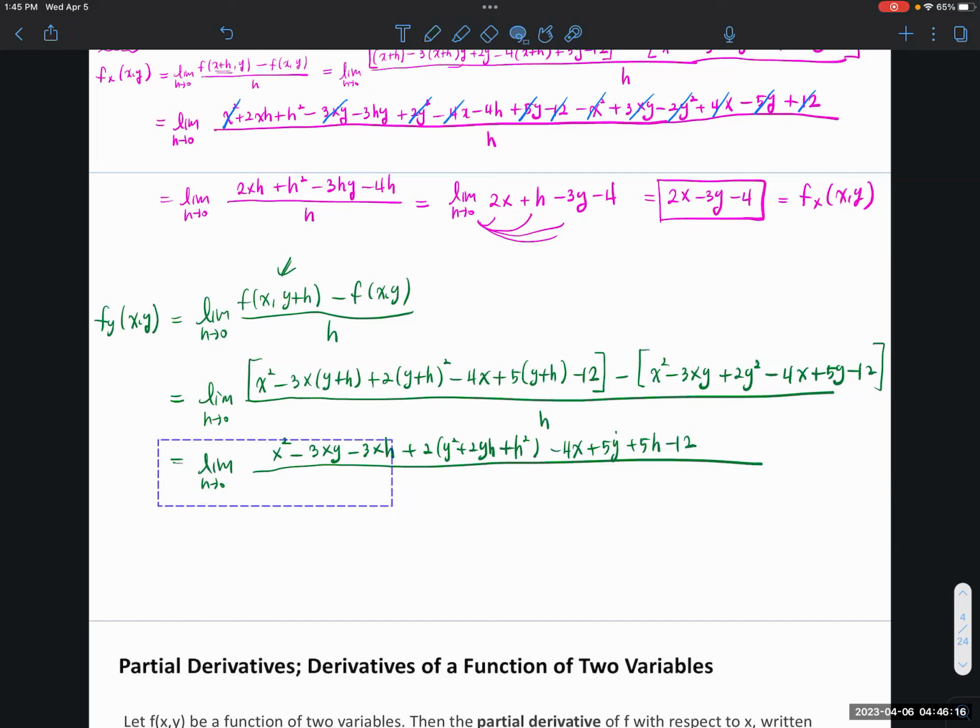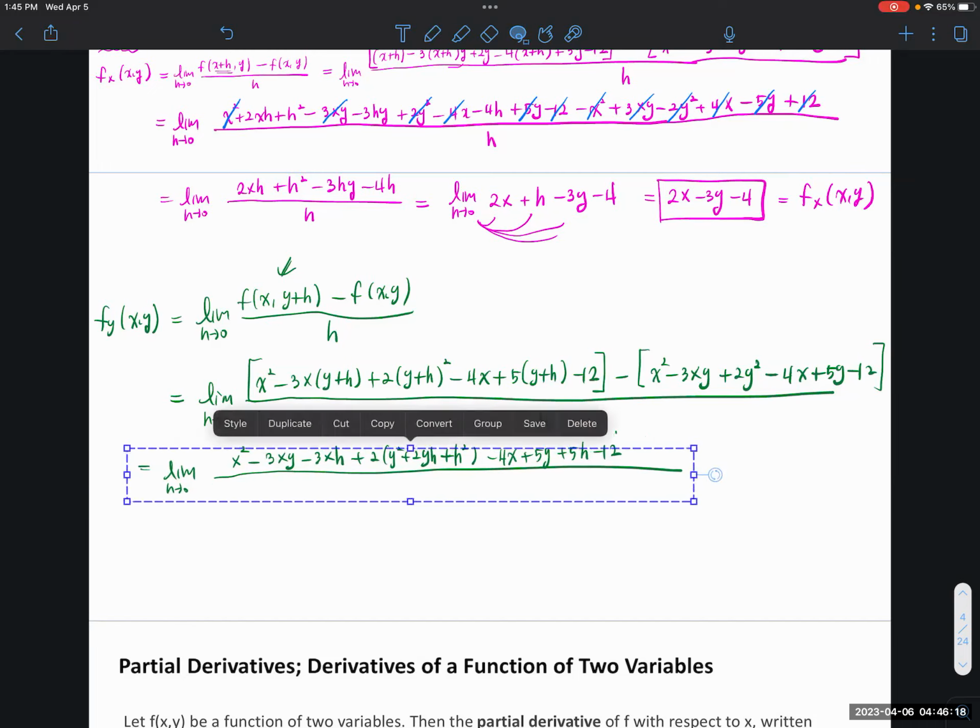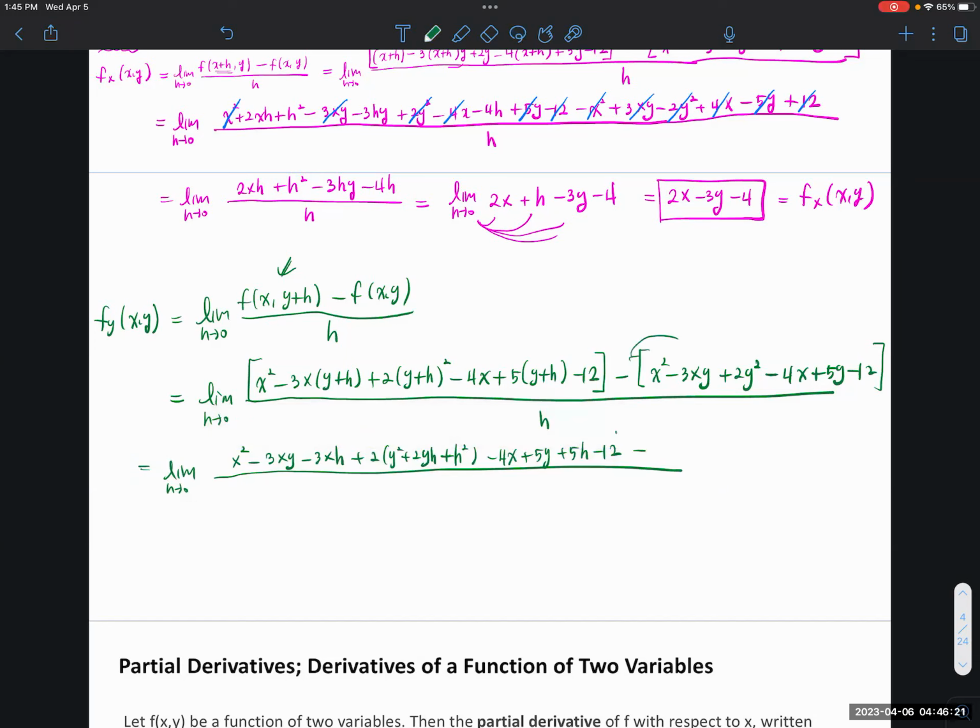Am I right? And then we're going to subtract everything, distributive property: negative x squared plus 3xy minus 2y squared, because you're multiplying by an invisible negative 1, plus 4x minus 5y plus 12, over h.